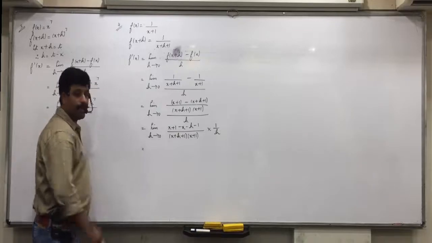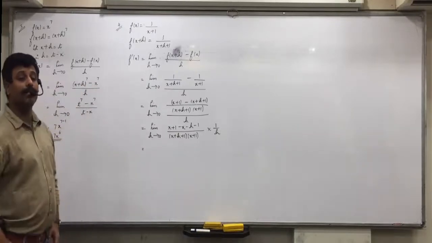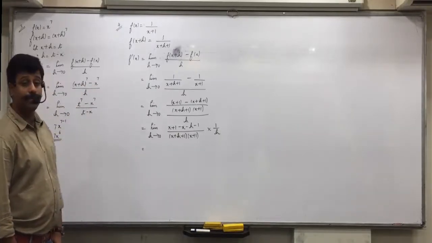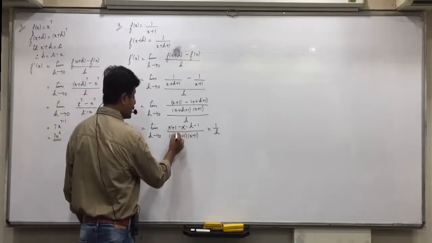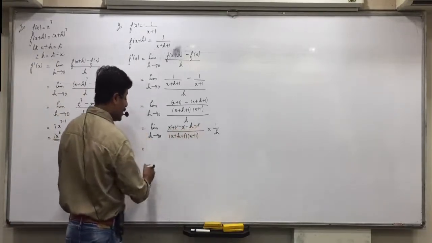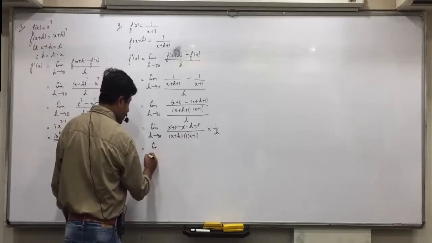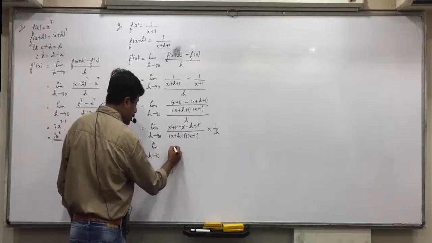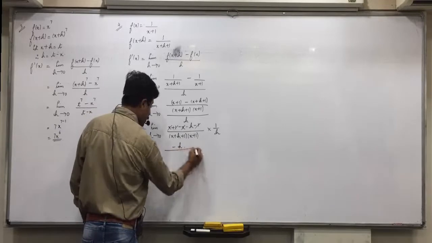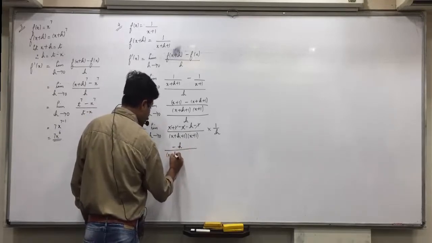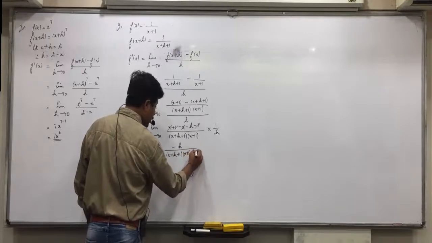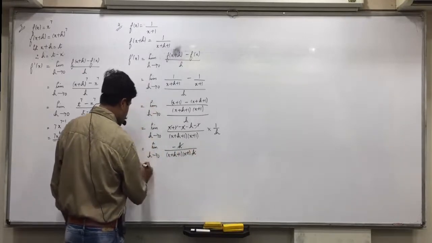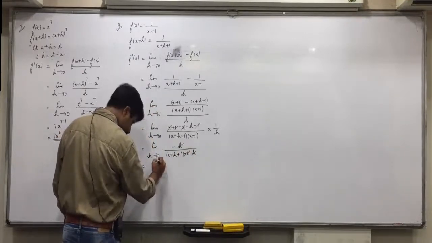Now in the numerator, what all will get cancelled? X minus x gets cancelled, 1 minus 1 gets cancelled. What remains is minus h upon x plus h plus 1 into x plus 1 into h. And now h also gets cancelled.